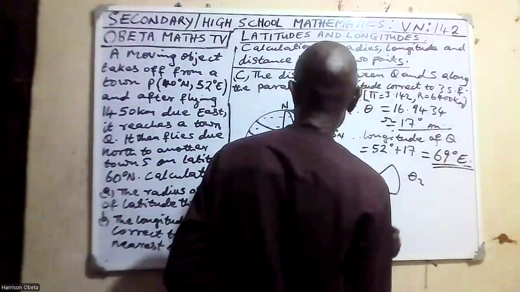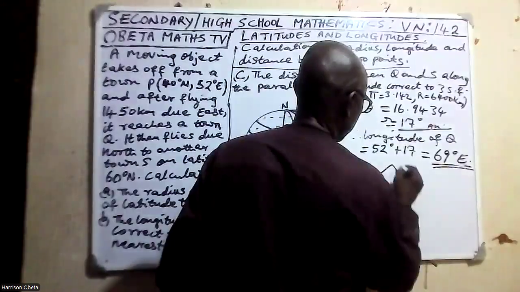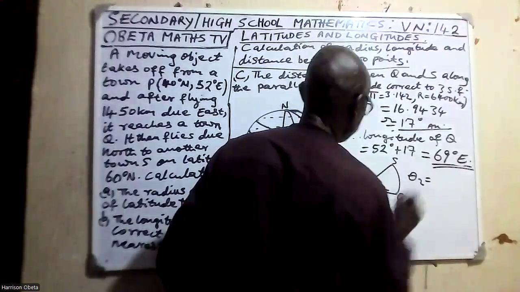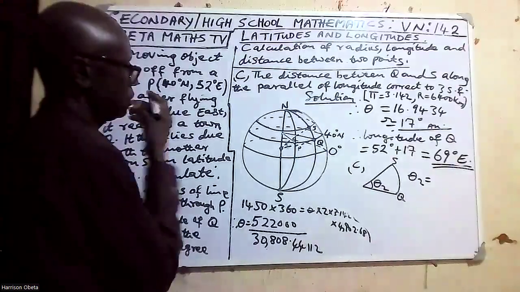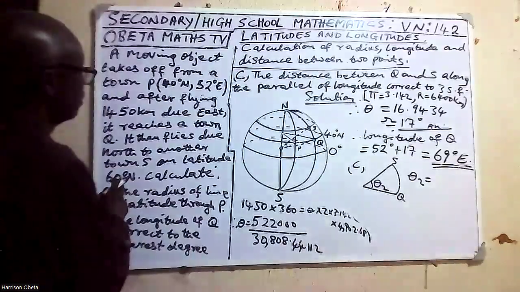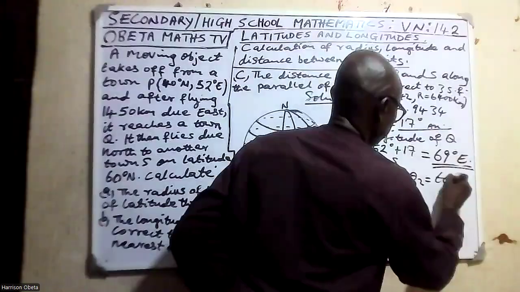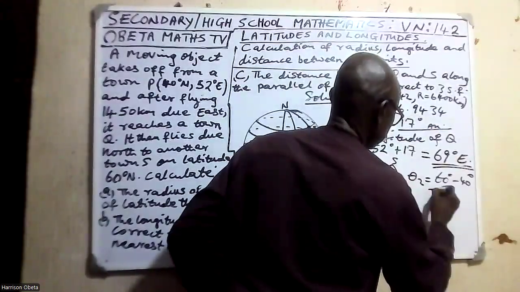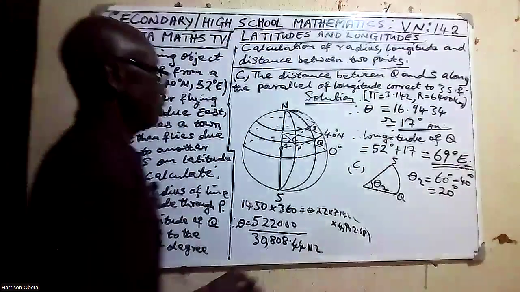This should be our Q, and this should be S. So theta 2 is subtraction: 60 minus 40, that will give us 20 degrees.